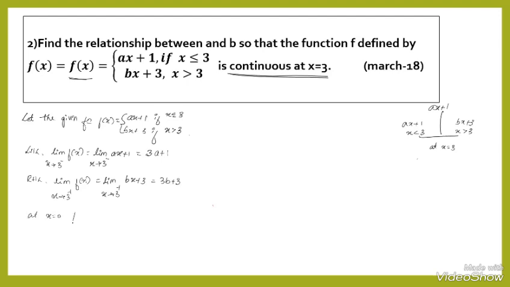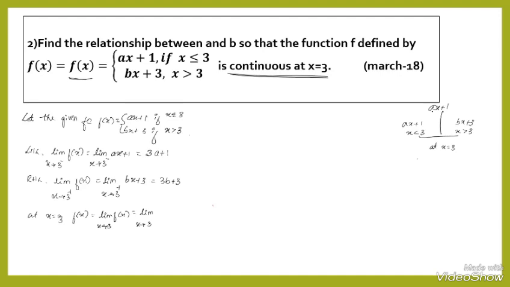The function we defined, f of 3, equals the limit as x tends to 3 of f of x.